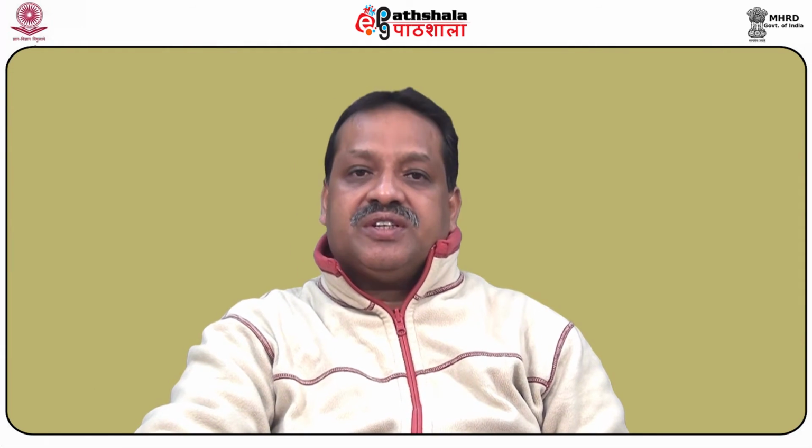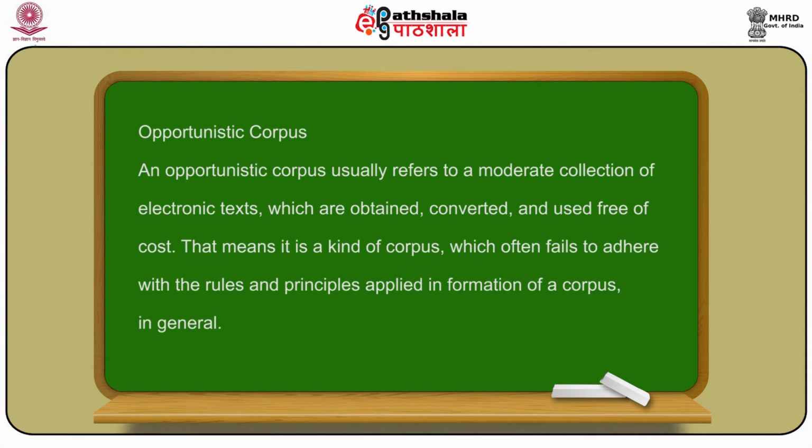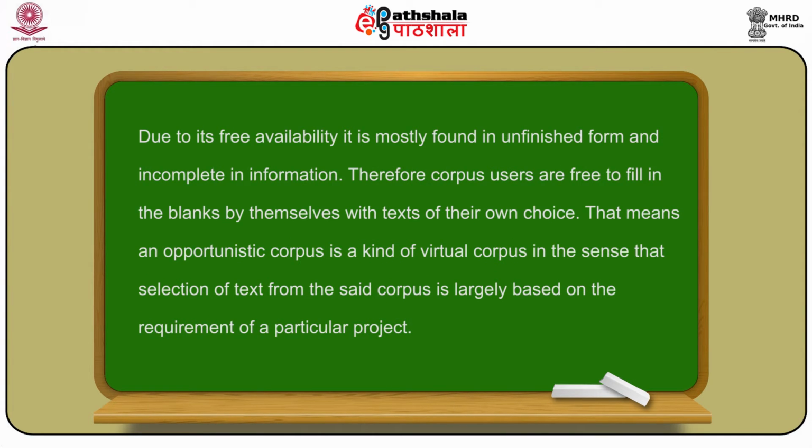Next is the opportunistic corpus. An opportunity corpus usually refers to a moderate collection of electronic texts which are obtained, converted and used free of cost. That means it is a kind of corpus which often fails to adhere to the rules and principles applied in the formation of a corpus in general. Due to its free availability, it is mostly found in unfinished form and incomplete in information.